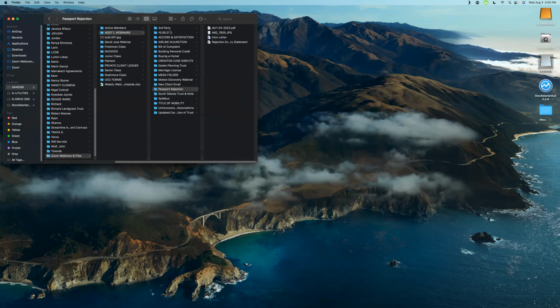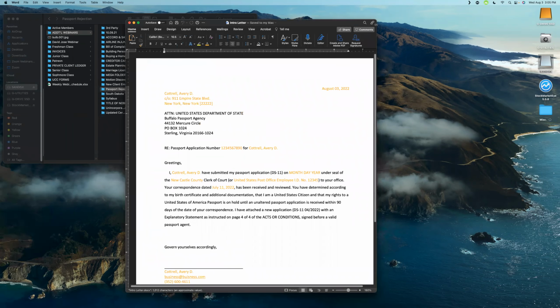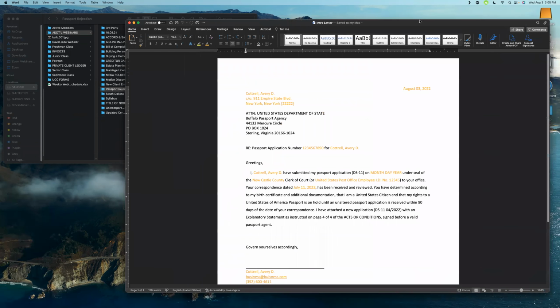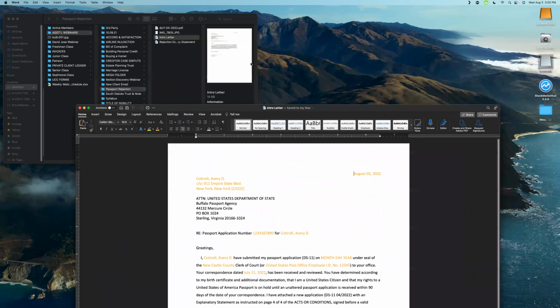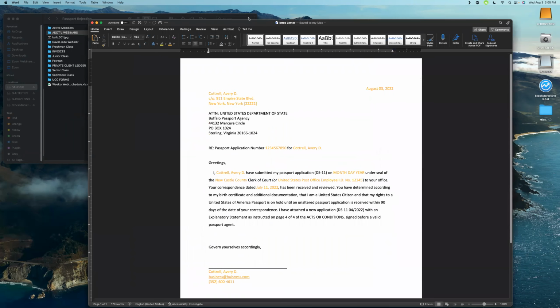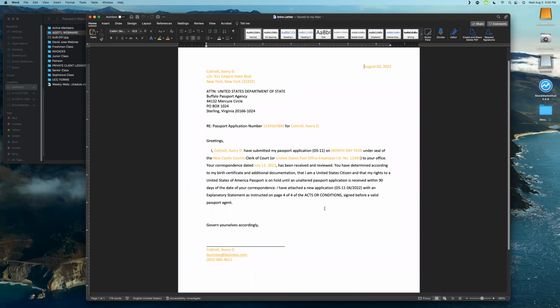I'm going to show you how to open up a letter directly to the Department of State before you do the application all over again. So we're creating a packet, okay, according to what they want us to do. Everything in orange is what you change. Everything in black, you leave alone.